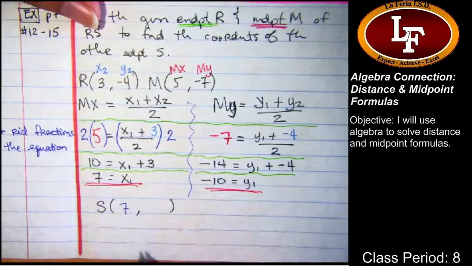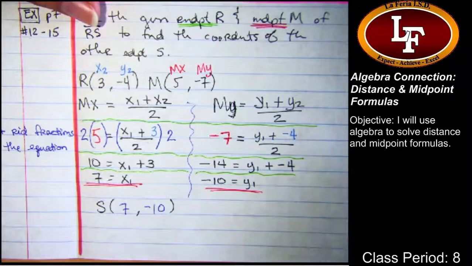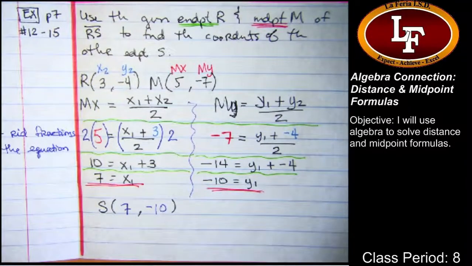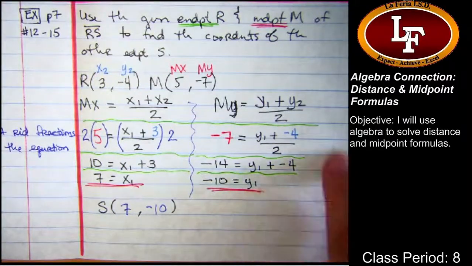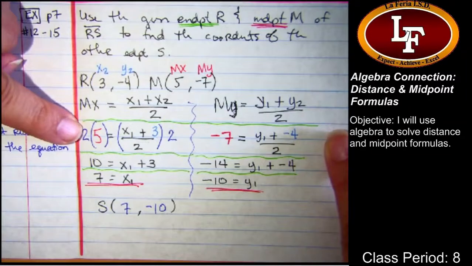Seven and negative 10. Which one was that one for? Oh, 12. What step did I lose you on? The Y right here? From here to here? From the top? So just like I did here on the X, I substituted. Look at the color coordination.